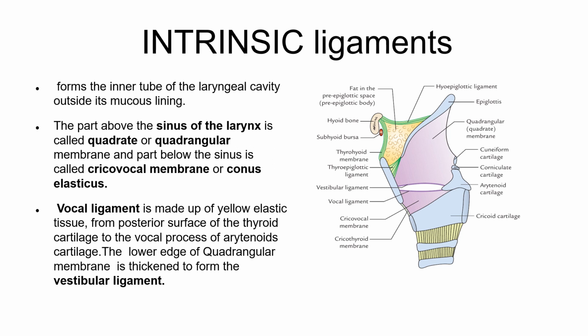And you should know about the vocal ligament, which is made of yellow elastic tissue. And also you should know just the theory that the quadrangular membrane thickens below to form the vestibular ligament.